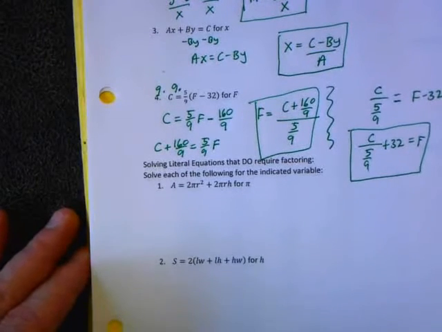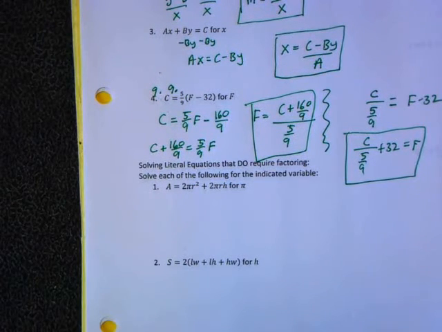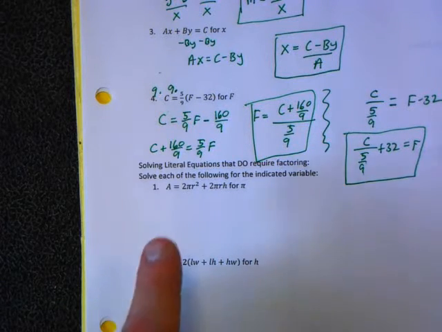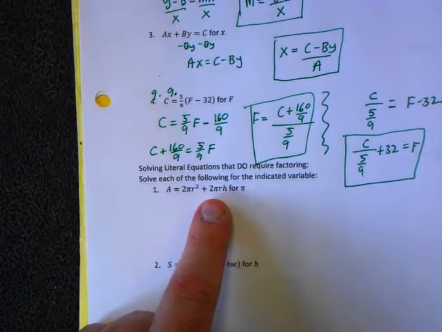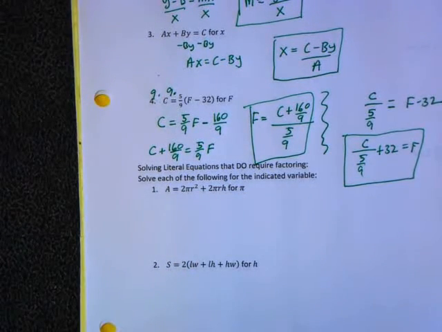That was very good. Okay, sometimes when we have literal equations, sometimes to solve involve factoring. Here we have A equals 2 pi r squared plus 2 pi rh, and it wants us to solve for pi. Anybody know what that formula is for?